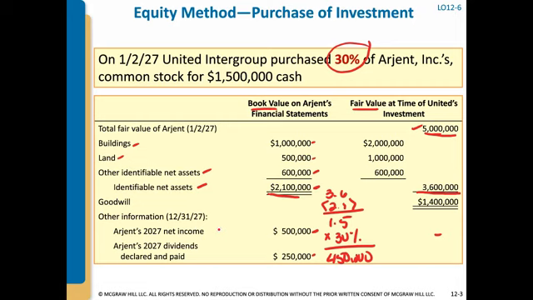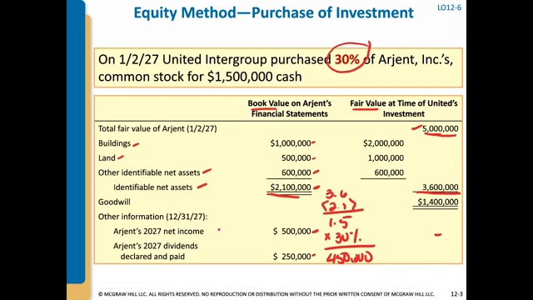The way we do that is we adjust our investment account. So United is going to adjust its investment account in Arhant and investment revenue as if we're consolidating them.